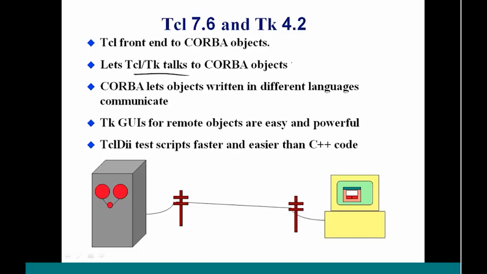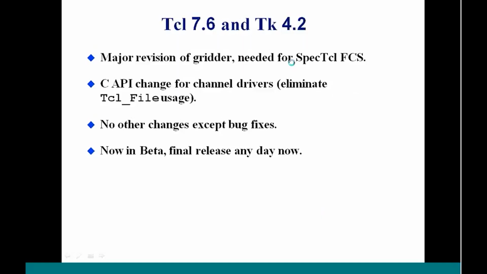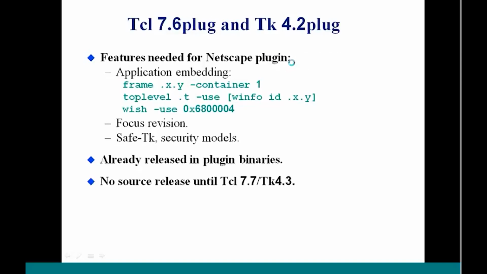So this is pretty much the technical aspects of Tcl/Tk. Let's look at some of the releases, what went into the releases, and what is the latest and greatest release. So Tcl 7.6 and Tk 4.2 were originally there, and this one has a revision of the gridder needed for Spectcl, a C API change for channel drivers. Actually the beta release and all happened, so ignore that statement there.